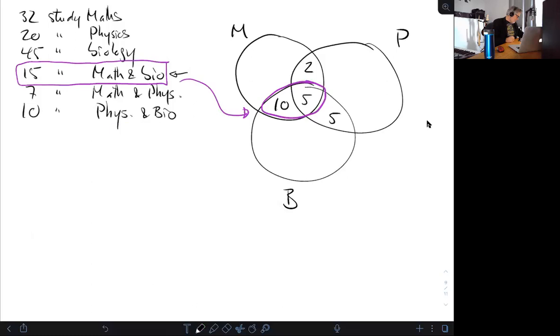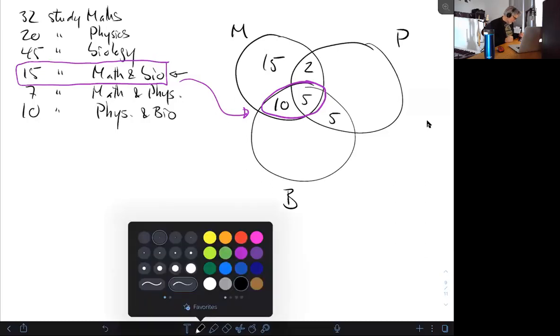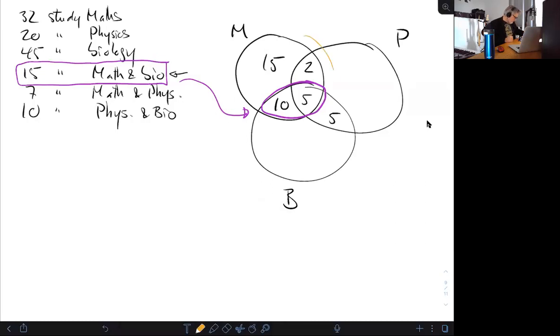Math, I've got 32 that study math, and I've got 17 over here, so that leaves 15 here, right, that study only math. All right, let's maybe outline that one in a different color. Right, like that.